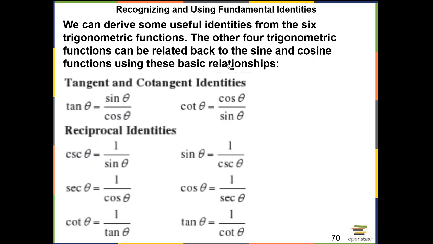Here are some very basic identities in trigonometry. We already know tangent is sine over cosine. We know cotangent is cosine over sine. And we know all the reciprocal identities, right? Cosecant is 1/sine, so sine is 1/cosecant, right? Secant is 1/cosine, so cosine is 1/secant, and so forth.